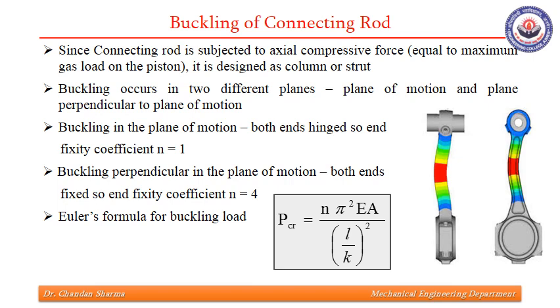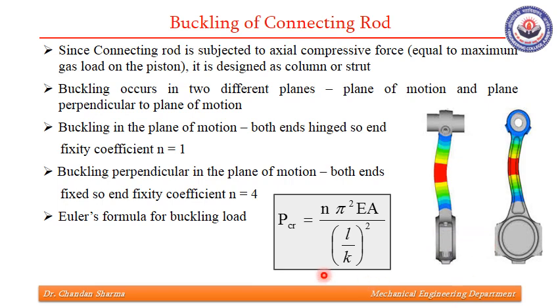One is the plane of motion, denoted here along the x-axis, and the other is a plane perpendicular to the plane of motion, shown in this diagram. These two cases will help us decide the end conditions, because here the ends are hinged whereas here the ends are fixed.